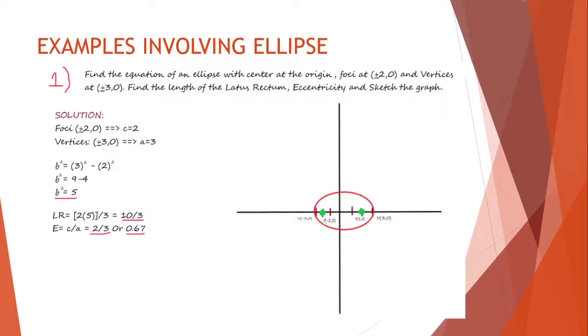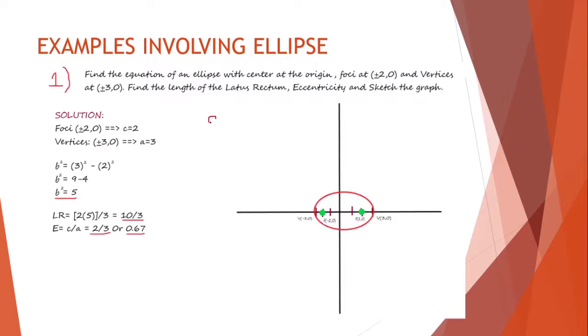Now, example number 1. Find the equation of an ellipse with center at the origin, foci at positive and negative 2, and vertices at positive and negative 3, 0. Find the length of the latus rectum, the eccentricity, and sketch the graph. Solution: since our c is 2, we have determined c. By the way, how do we know it is horizontal?